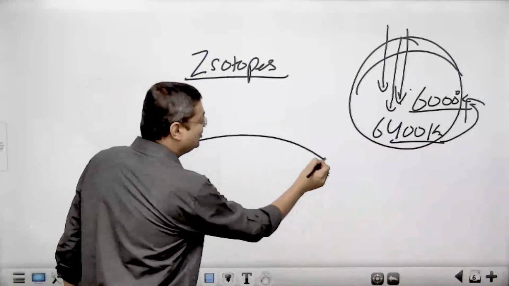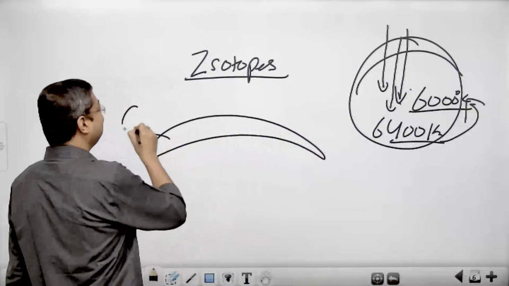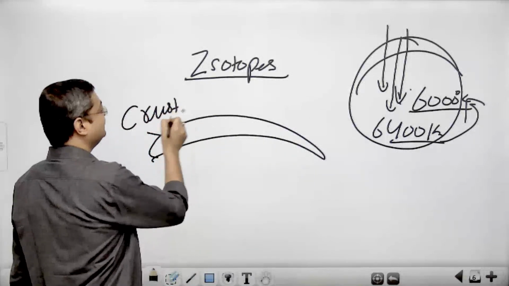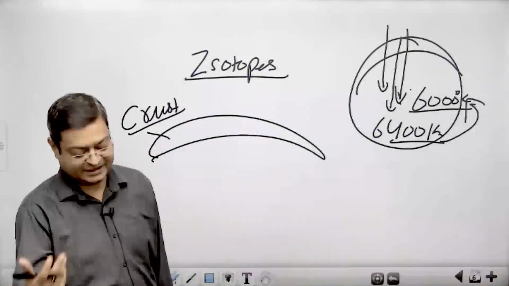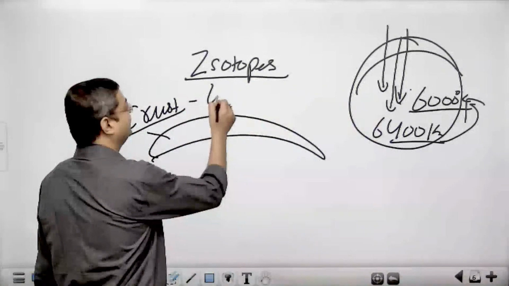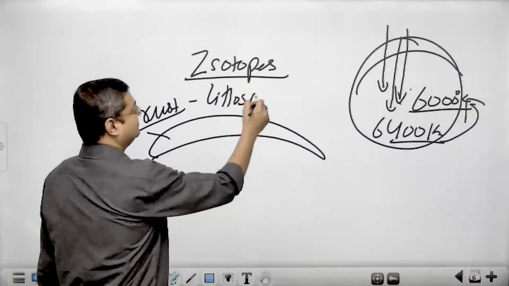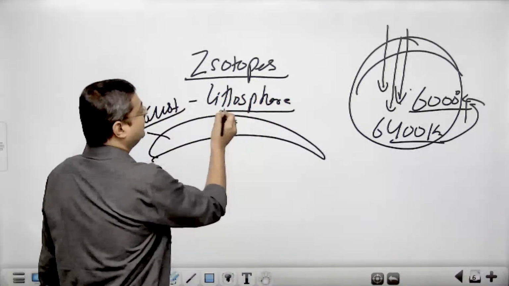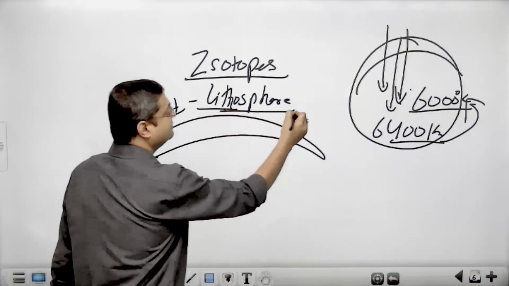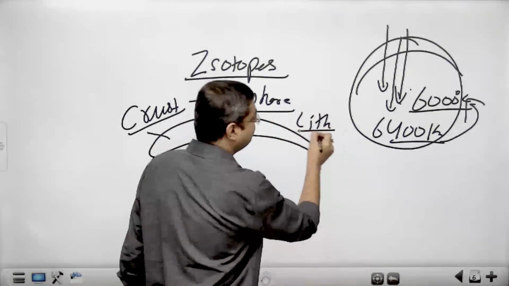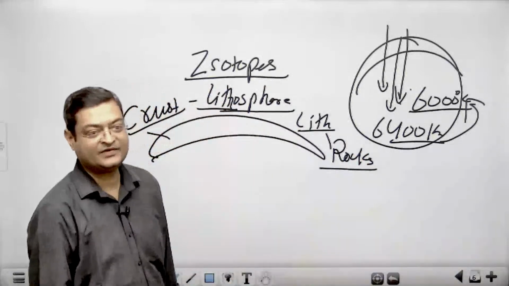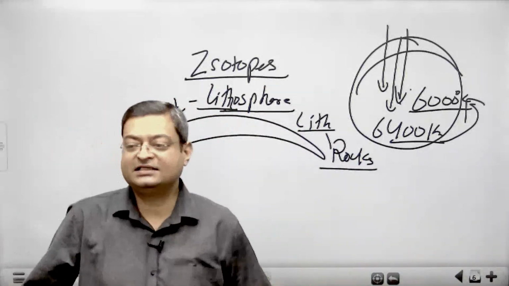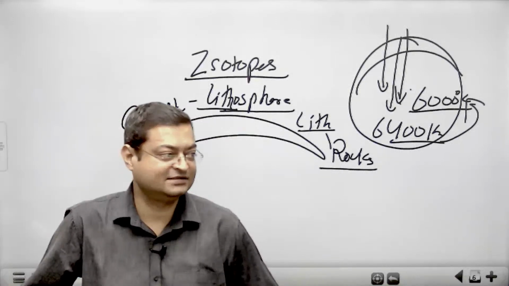Your topmost layer is termed as crust, and its original name is lithosphere. The term lith, L-I-T-H, means rocks, and rocks are bad conductors of heat.